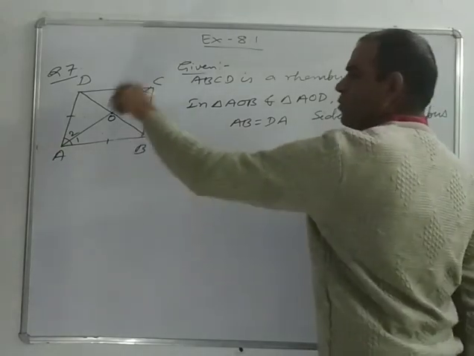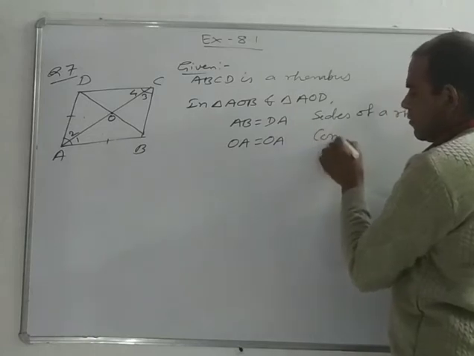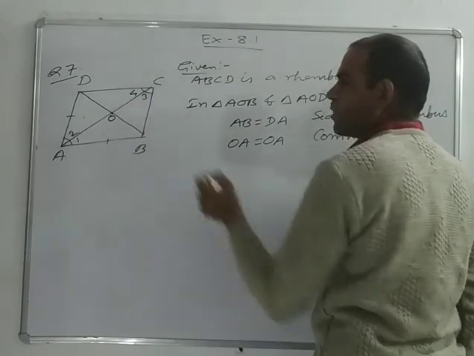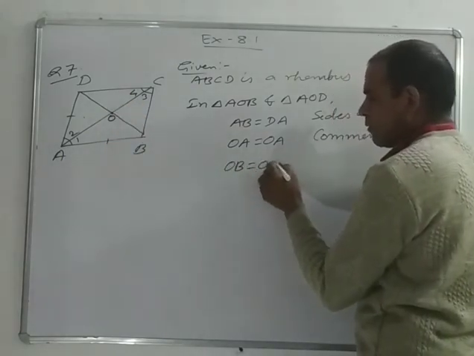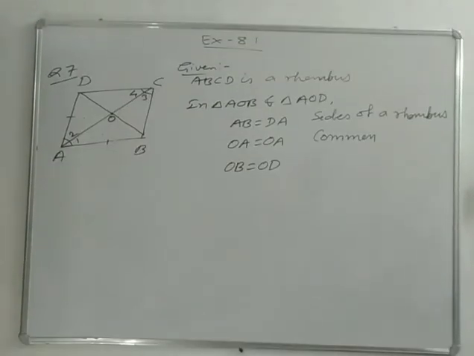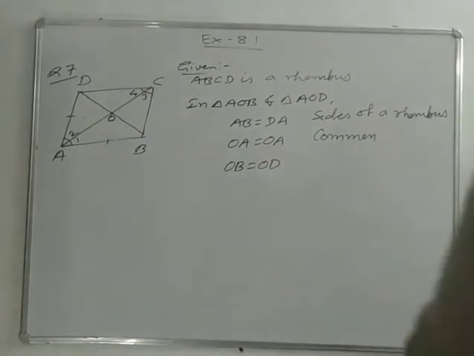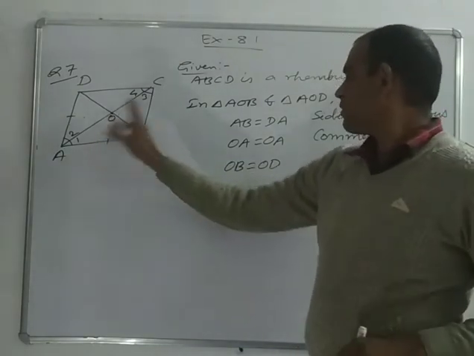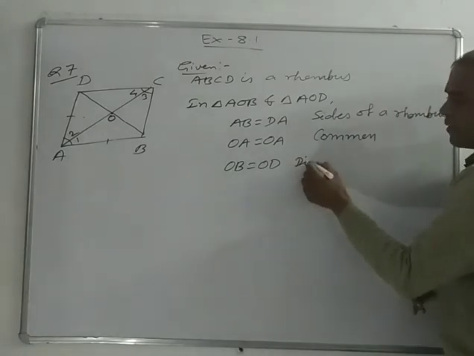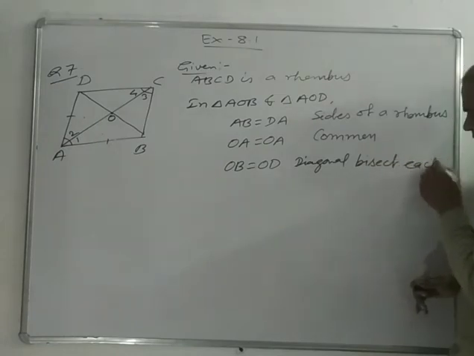All sides are equal, so these two sides are equal. OA equal to OA, common, and OB equal to OD, since diagonals bisect each other.